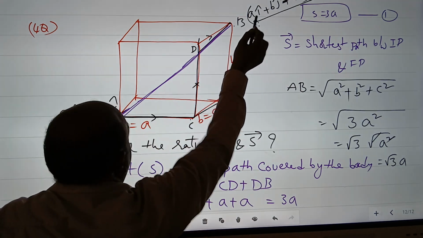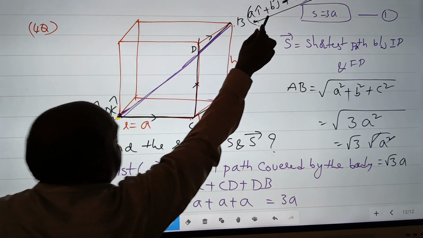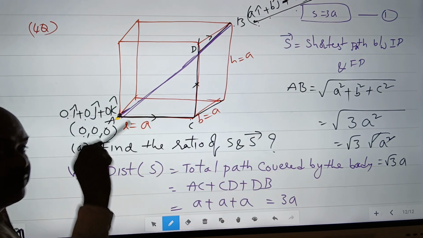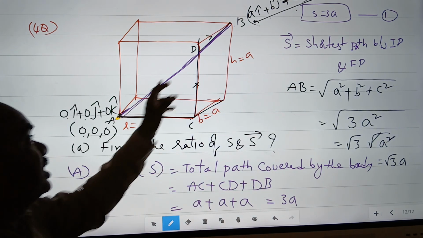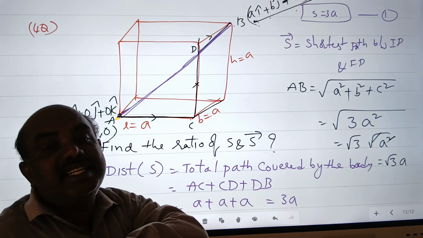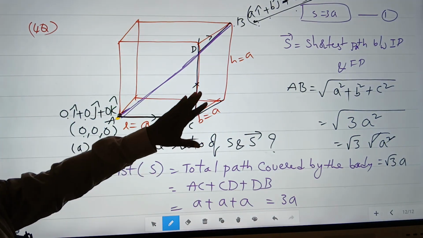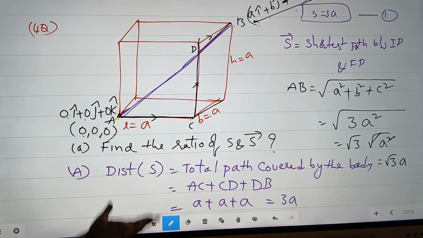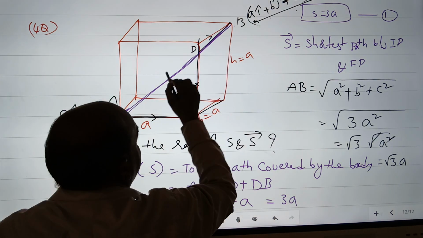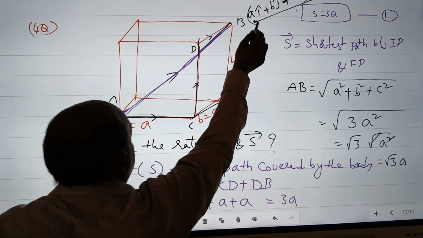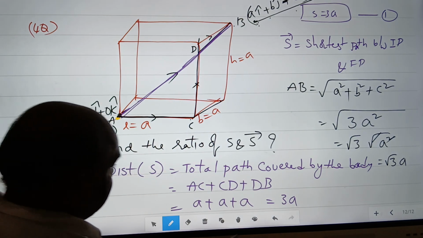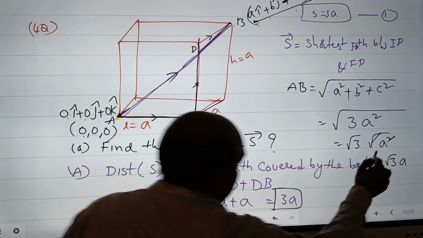The distance is x2 minus x1 whole square plus y2 minus y1 whole square plus z2 minus z1 whole square under root. This is the distance between 2 points in a 3 coordinate system. If you read vectors, the distance between 2 points we can easily calculate from here to here. It is a vector quantity. Final position minus initial position, the square under root. Simple.